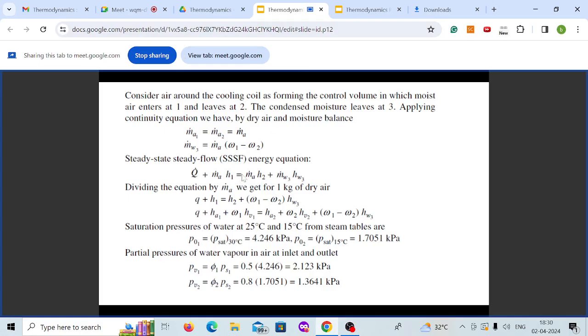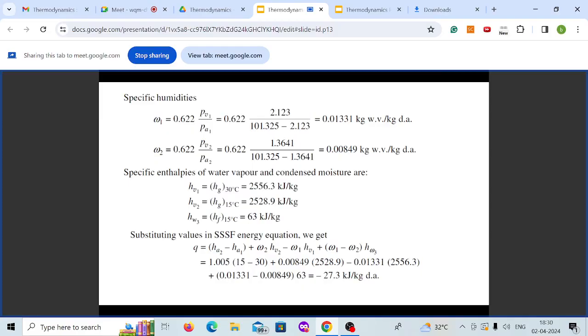We found out enthalpy, and we wrote enthalpy in terms of individual components for water and for dry air, and we found out the specific humidities for the given conditions. So you know the dry bulb temperature and your relative humidity. Using that we found out the specific humidity, and using that and substituting the enthalpy values we found out the total amount of heat which the cooling coil is providing.